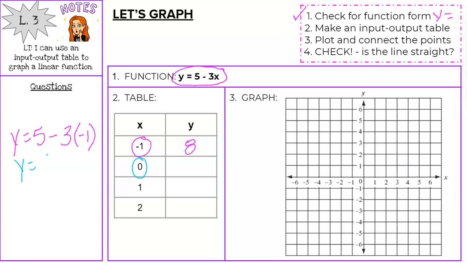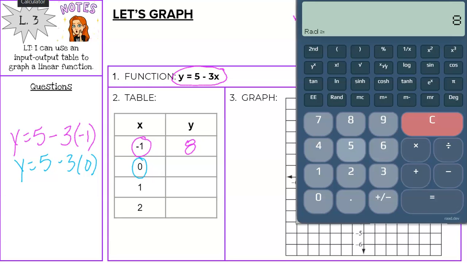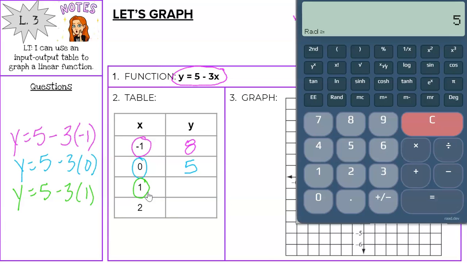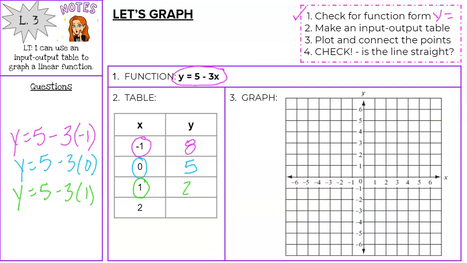So y equals 5 minus 3 times 0. Using our calculator, 5 minus 3 times 0 equals 5. Next, I put 1 into the function, so y equals 5 minus 3 times 1, which equals 2.